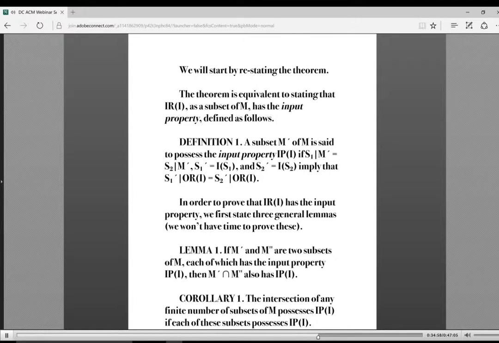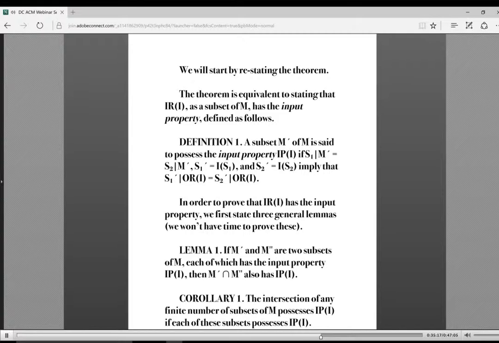We will start by restating the theorem. The theorem is equivalent to stating that the input region of I as a subset of M has the input property, defined as follows.